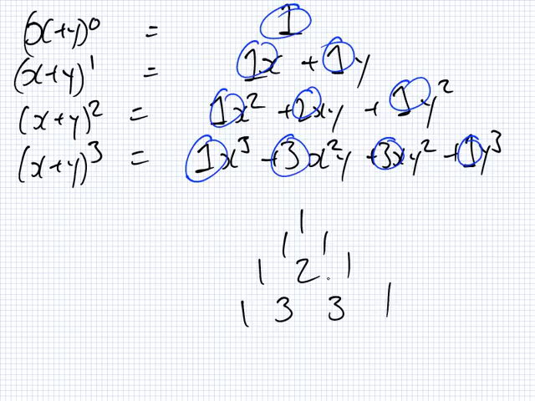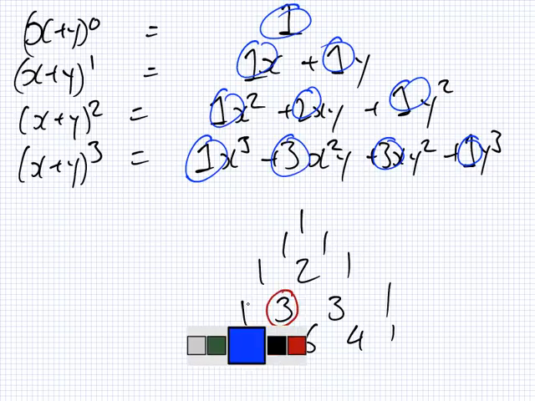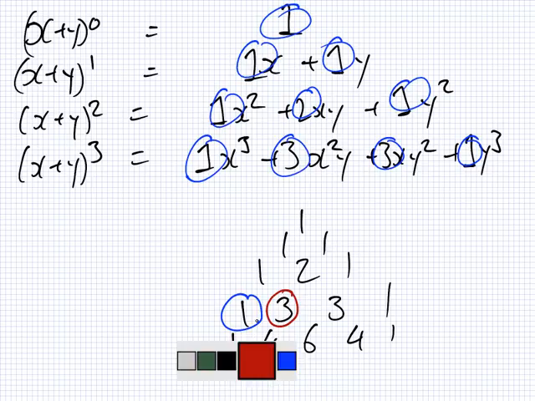In fact, there's a pattern here. Some people maybe know this already. So you notice what is happening. If you want the number underneath, you just add the two numbers above it. 1 plus 3 makes 4. Or here, 3 plus 3 makes 6. Here, 3 plus 1 is 4.